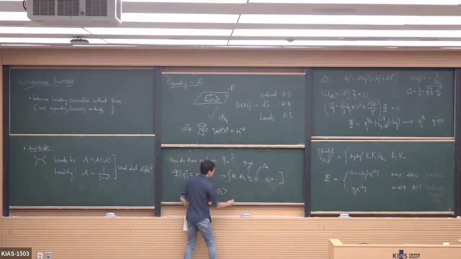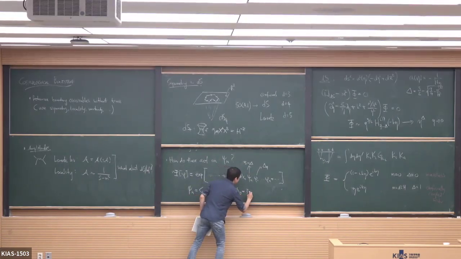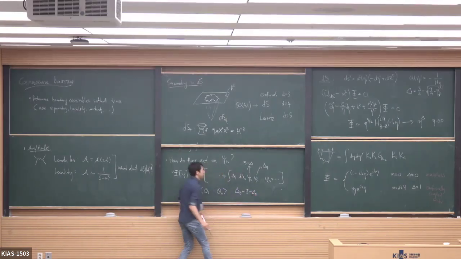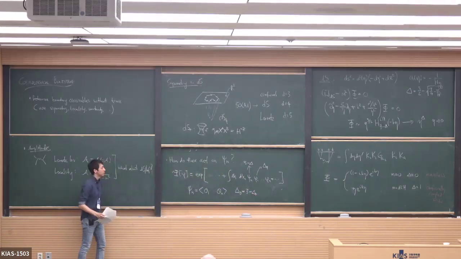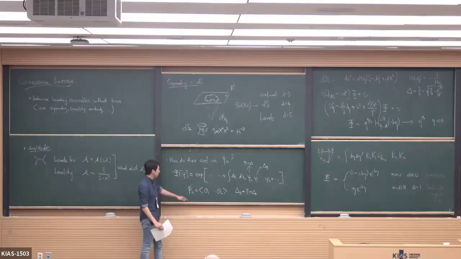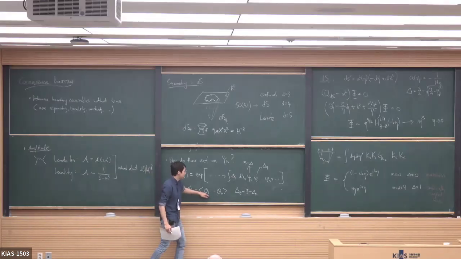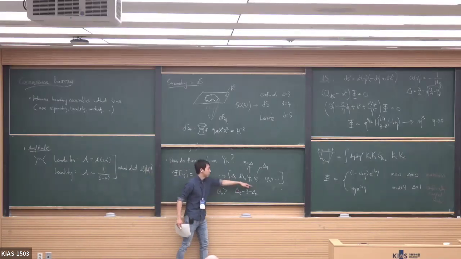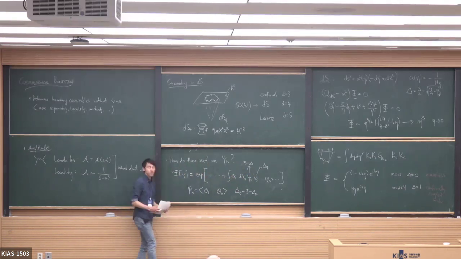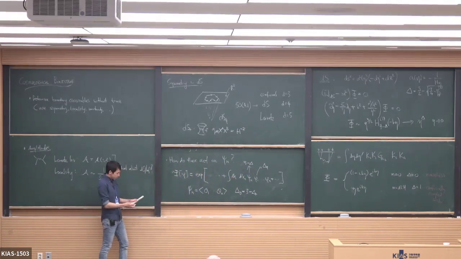By 3 minus delta, I mean that each individual operator has dimension 3 minus delta phi. So if the individual operator has this dimension, then the whole integral is dimensionless.